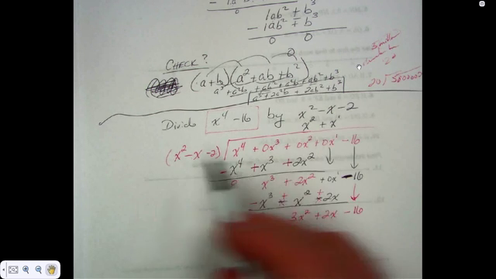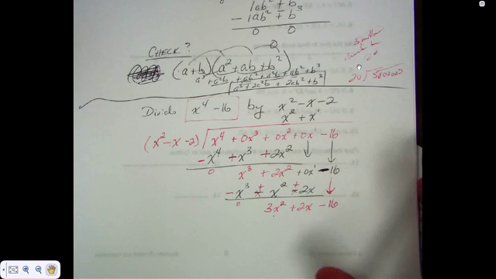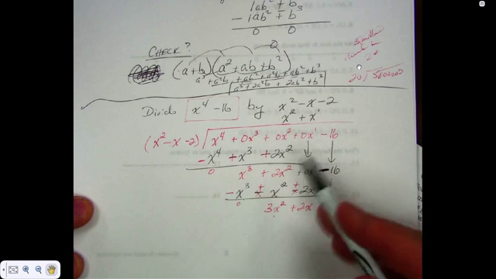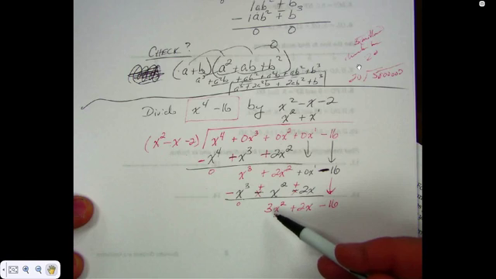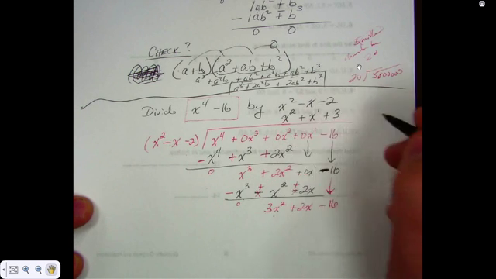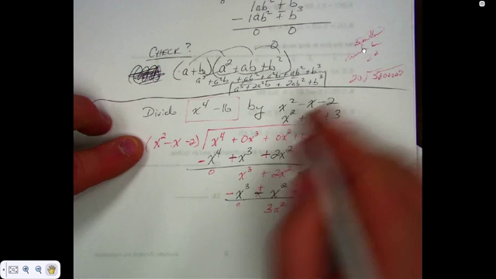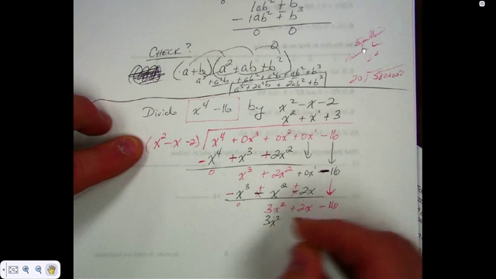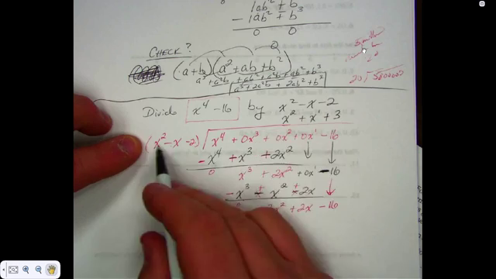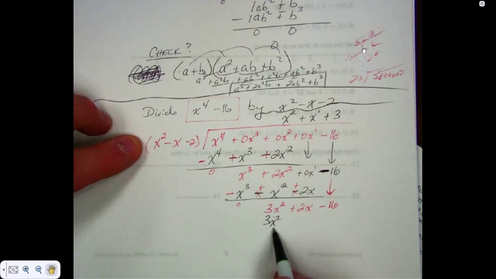Well, x squared times what would give me 3x squared as an answer? Can you guys tell me? How about just 3? Because 3 times x squared would give me 3x squared, right? Now it's just a matter of multiplying it out and seeing what else you're left with. So 3 times x squared is 3x squared. So we did that right.